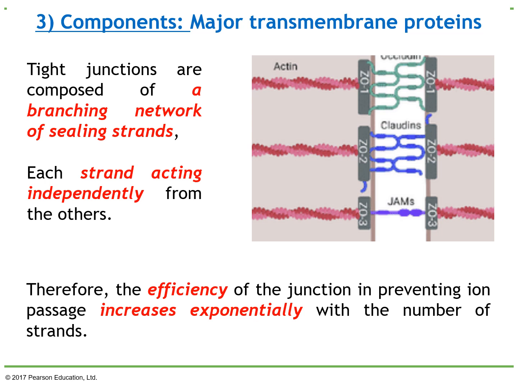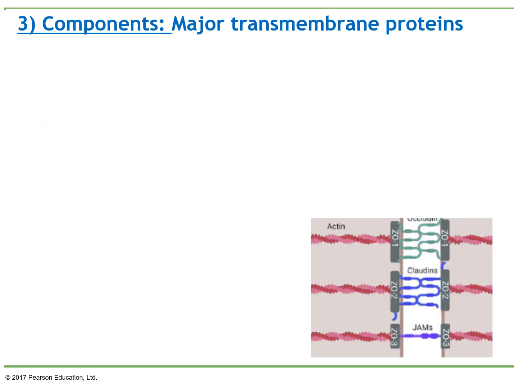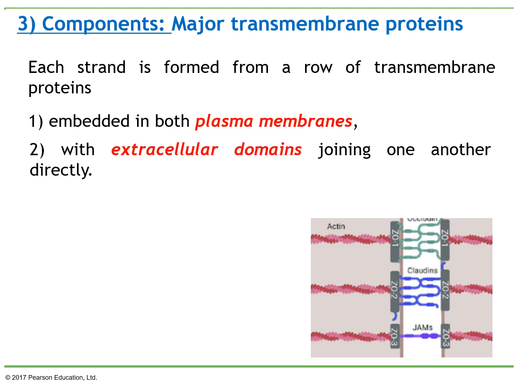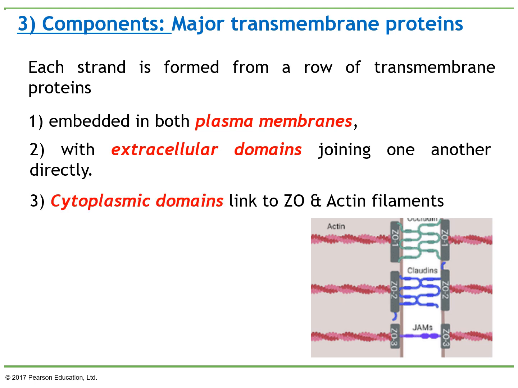This is why you have the claudins and the occludins with those structures, and each one of those strands is embedded in the plasma membranes and has extracellular domains. They also have the zonula occludens, the adapter or linker proteins, and those will link to the actin.